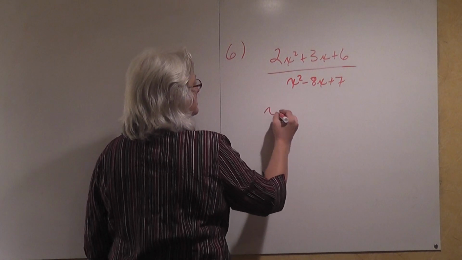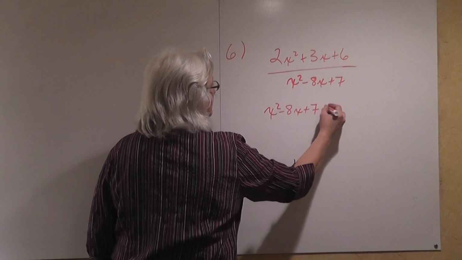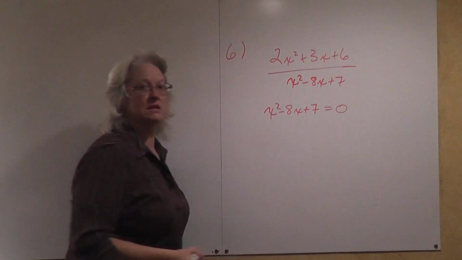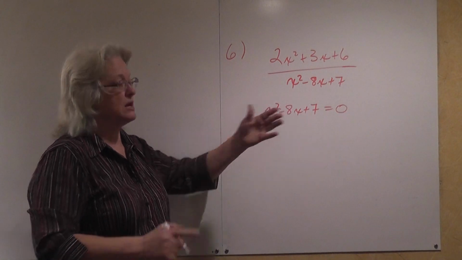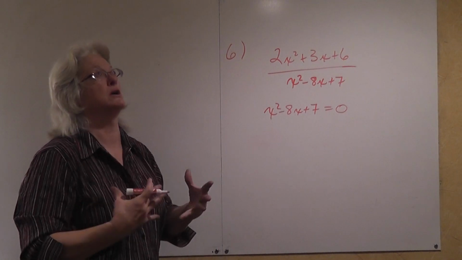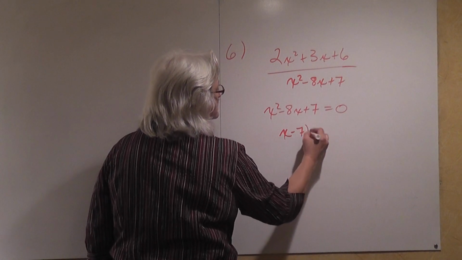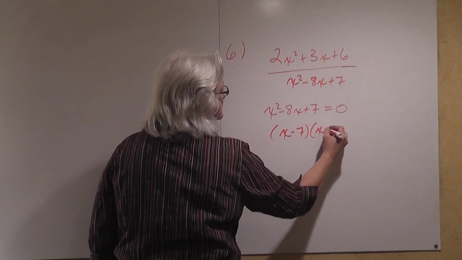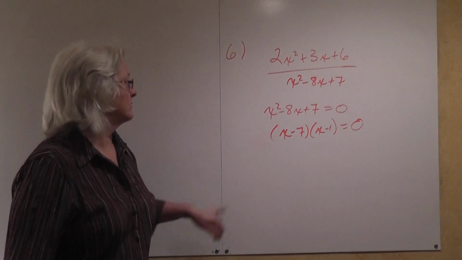So you take this denominator, x squared minus 8x plus 7, and you set that equal to 0. Now you look at this, the very first thing you want to say is, can you factor it visually by inspection? You go, yes, I do not have to use the quadratic formula. x minus 7 times x minus 1 is how this factors.